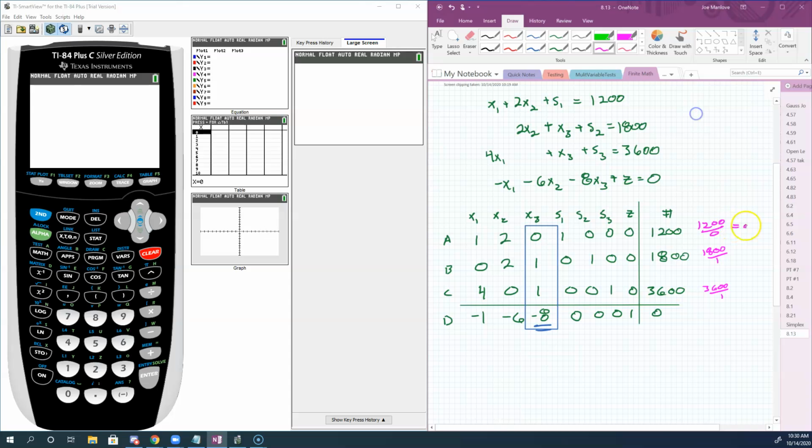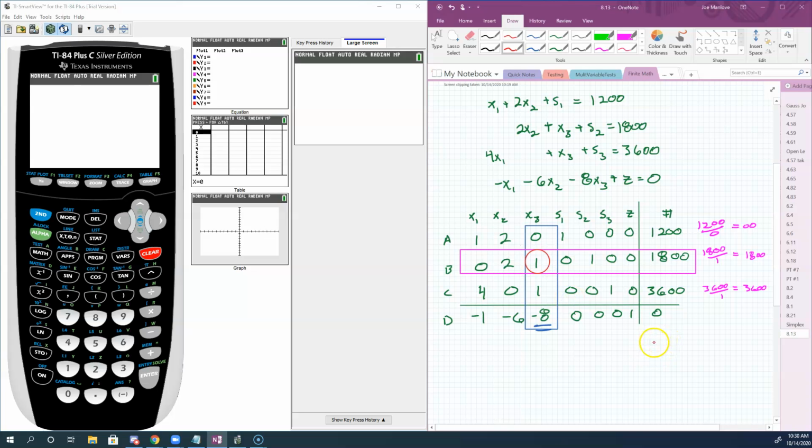And I get infinity and 1800 and 3600, which means what? The pivot row is the row with 1800. Good. So B is my pivot row. And that means that my pivot is this number here, 1.